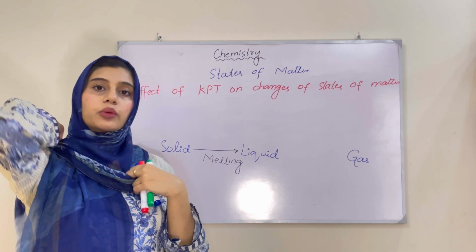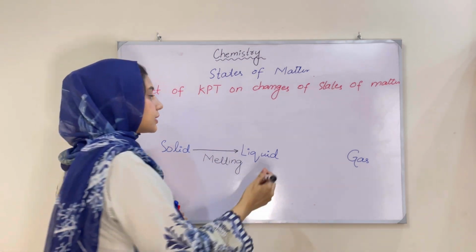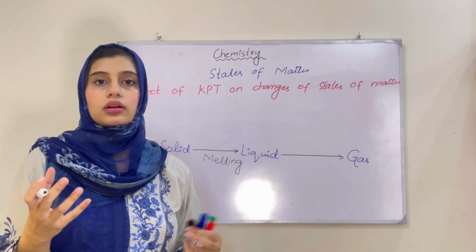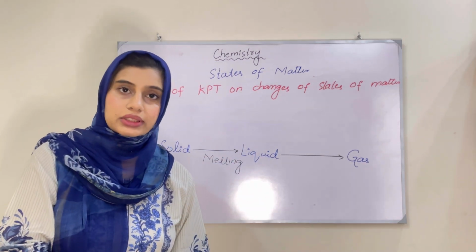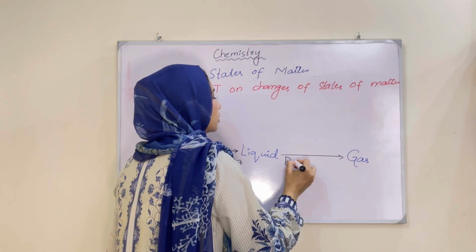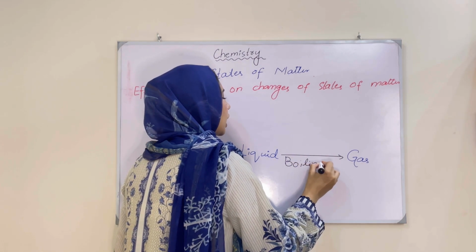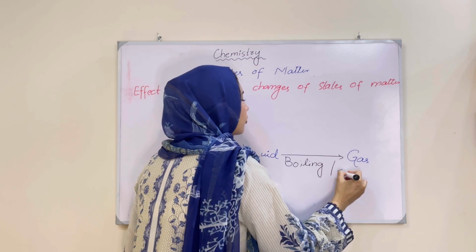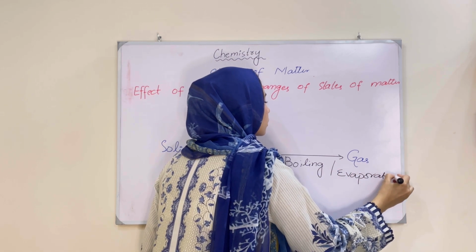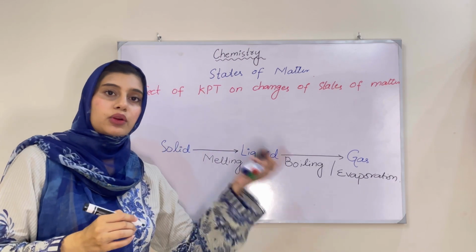Then liquid is converting into gas. For example, we are converting water into water vapors. This is known as boiling, and it's also known as evaporation. These changes can be reversed as well.